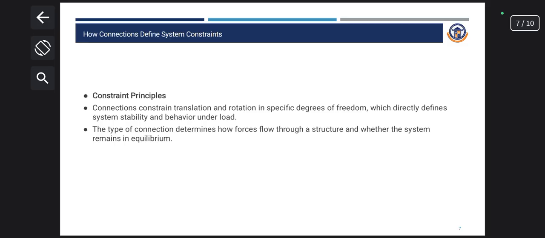The type of connections determines system behavior under changes or load, ensuring the stability of the system. For example, if a database entity is strongly connected to multiple modules, changing it without understanding its connections can break the entire system. Proper modeling avoids these kinds of issues. So this is known as system constraints.